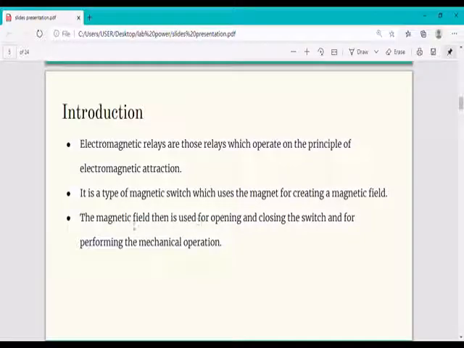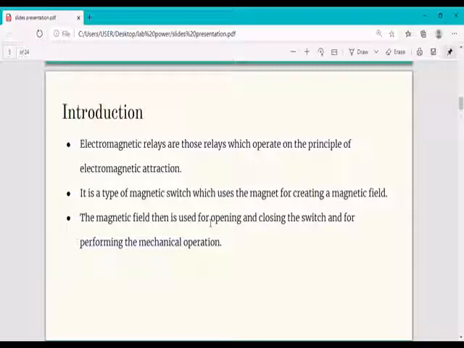The magnetic field is then used for opening and closing the switch and for performing the mechanical operation, so it can be used as a circuit breaker, for example.